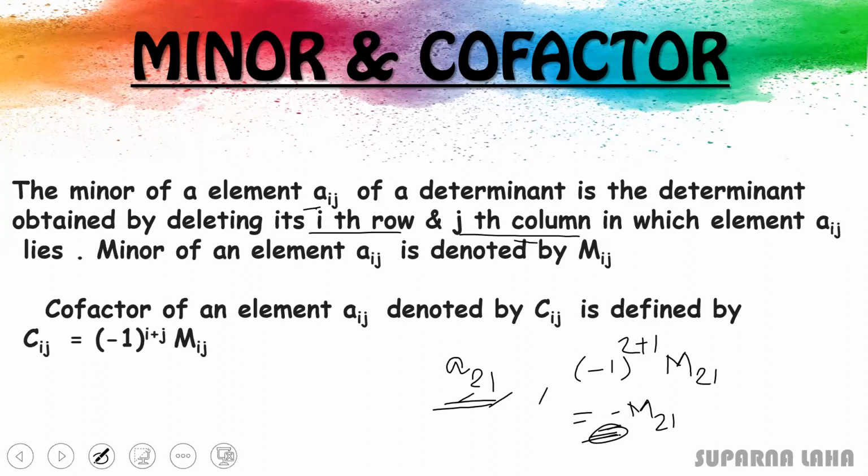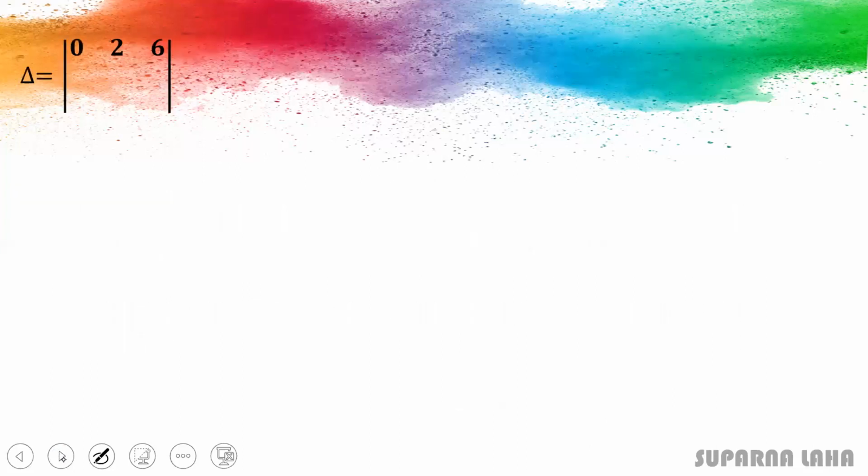Okay, so let's take one example here. Here I'm taking this order 3 determinant: 0, 2, 6, 1, 5, 0 and 3, 7, 1. Firstly, take the element a11. We need to find the minor of this element a11. What is a11? a11 is 0.